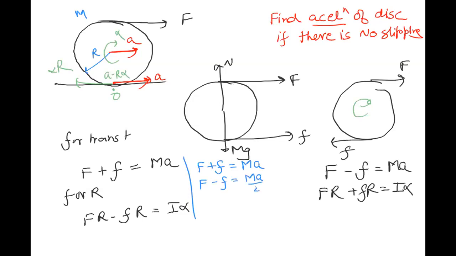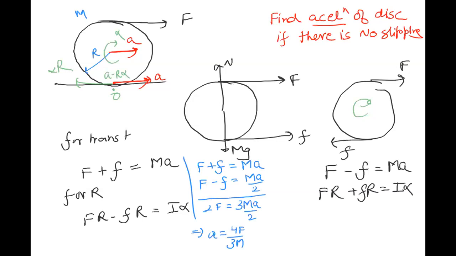I put MR square and R cancelled out. So when I add this, I get 2F is equal to 3MA by 2. And this tells me that A is equal to 4F by 3.